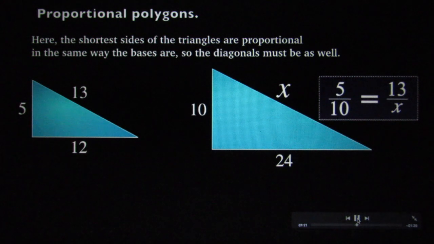But knowing that all three sides are proportional, I could also set it up shortest side over shortest side will equal the longest side over the longest side. Or I could say shortest side over shortest side will equal the hypotenuse over the hypotenuse if it's a right triangle like these two are.